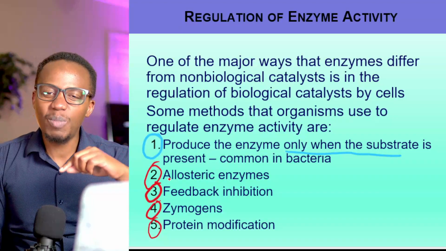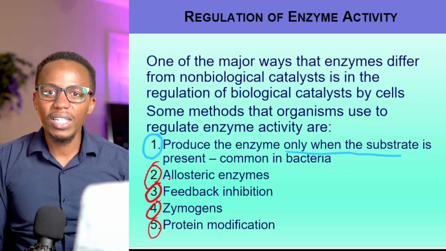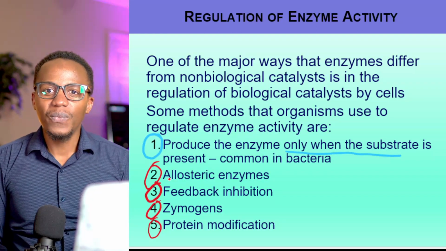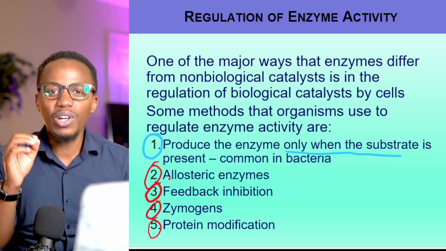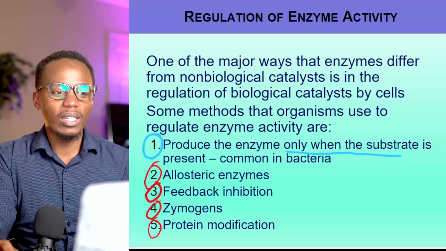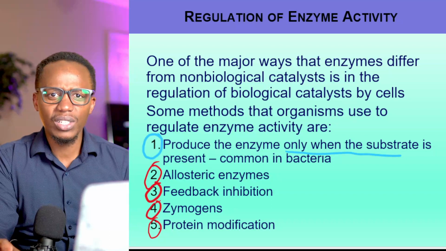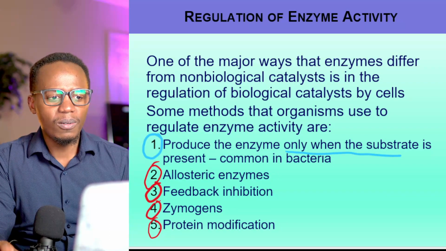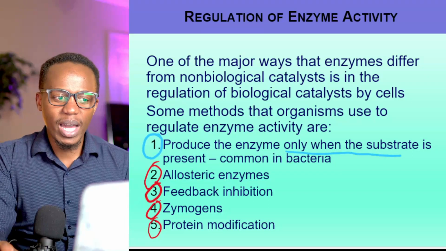It's active, but when it's phosphorylated, it becomes inactive. We have three amino acids that can be phosphorylated, and we're going to talk more about that. But this is another powerful way. So we have phosphorylation, acetylation, methylation, and other ways to control and regulate enzymatic activity.